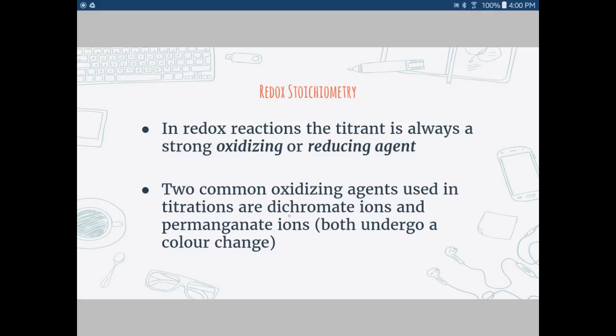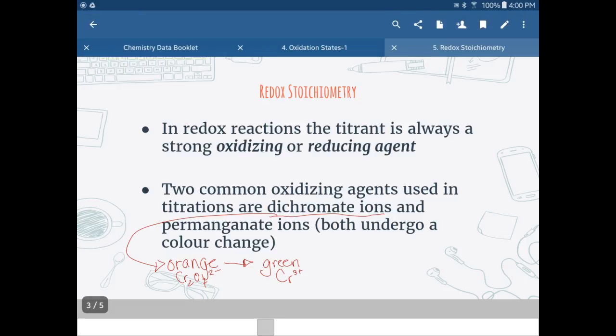So dichromate ions, okay, these guys go from an orange color to a green color. They go from orange when they are the dichromate, so Cr2O7 2-, and they turn green as a chromium ion in solution.